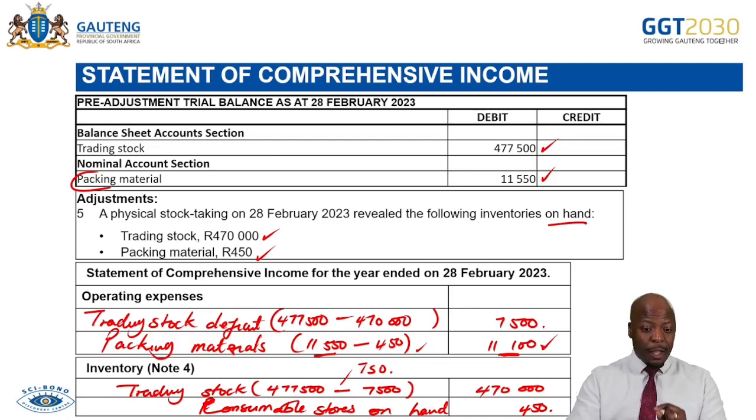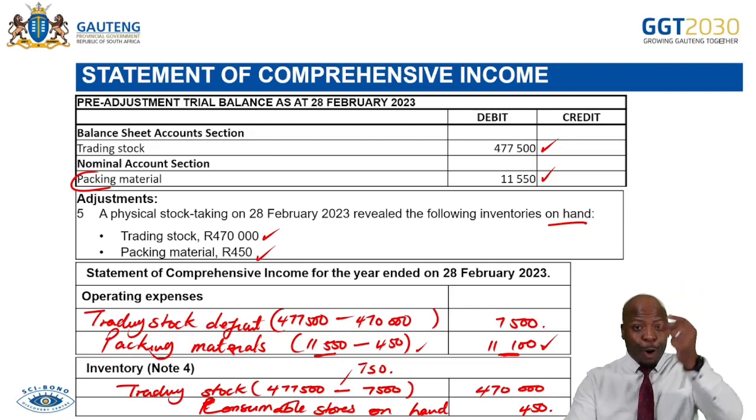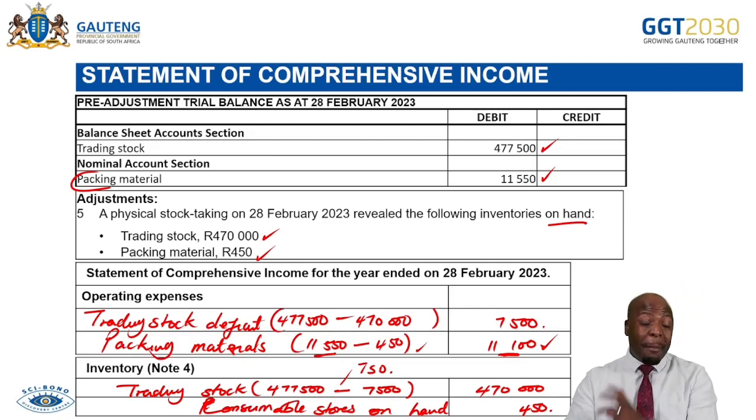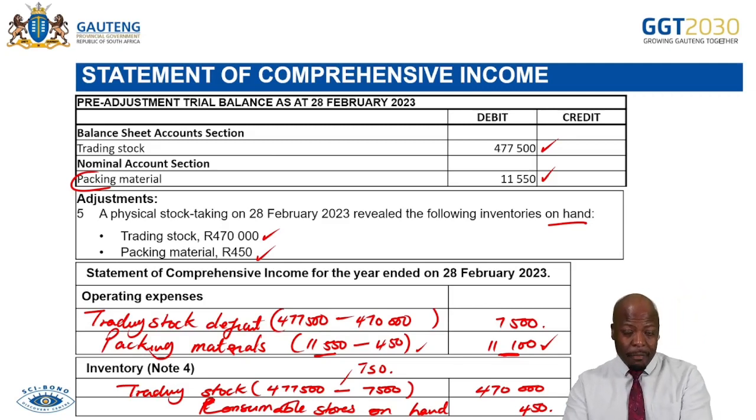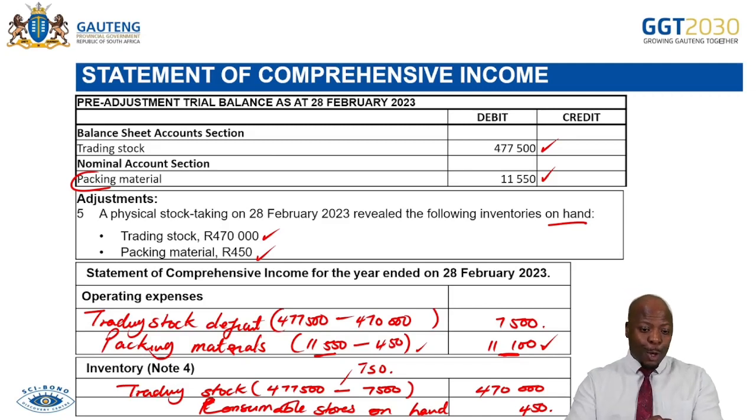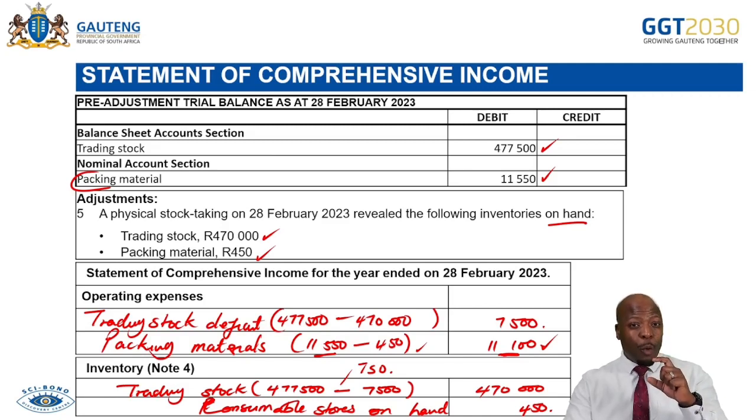So here we did the trading stock and we found a trading stock deficit, which is an expense. The opposite would have given us trading stock surplus. Surplus would have gone to our statement of comprehensive income under other income. And then we also know that if we have packing materials in the nominal account section in the list of balances, we need to know what we are given in the adjustments.